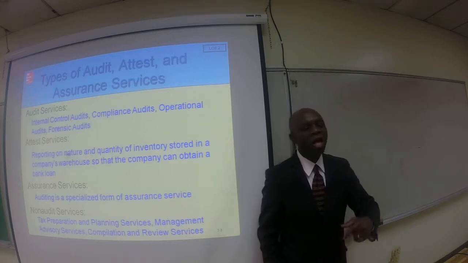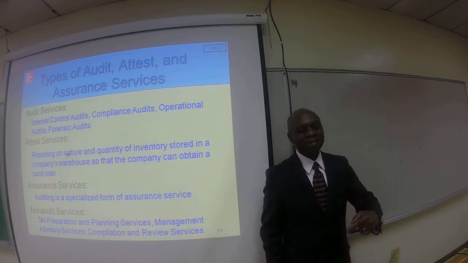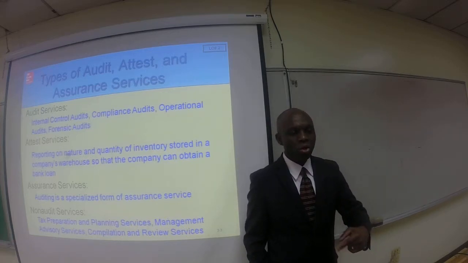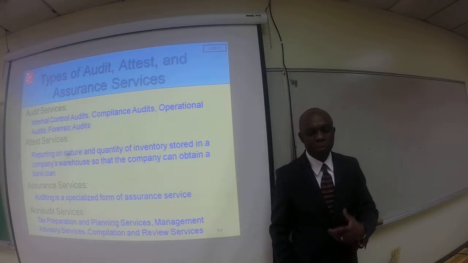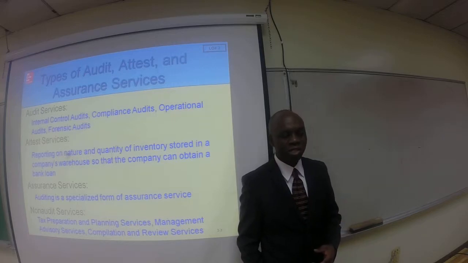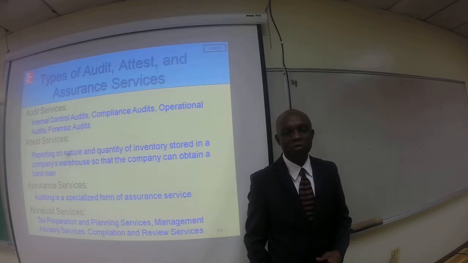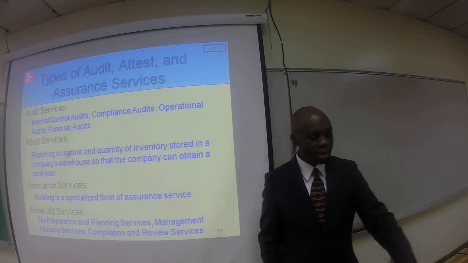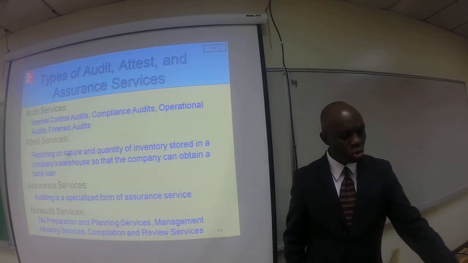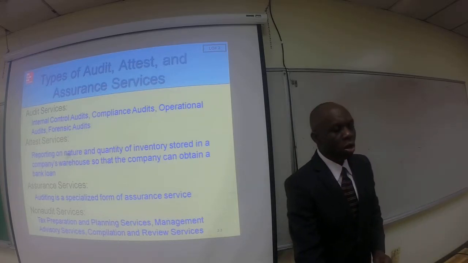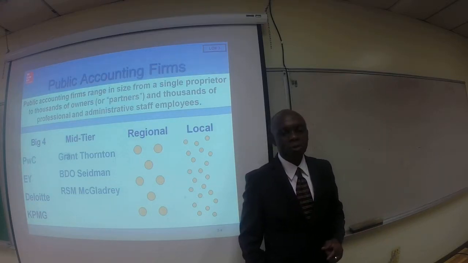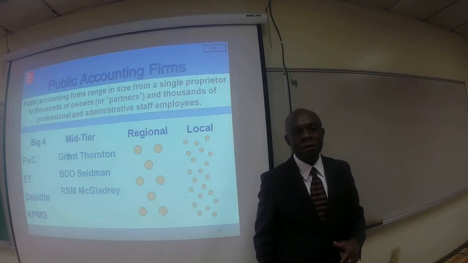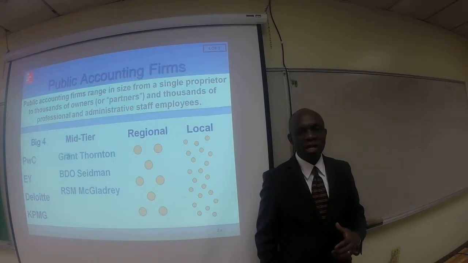Now, there are other non-audit services that accountants or CPAs provide. You know, tax preparation and planning services, management advisory services, compilation and review services. We are going to talk about some of these in due course. Moving along, here we have public accounting firms. We said that public accounting firms come in different sizes and shapes.